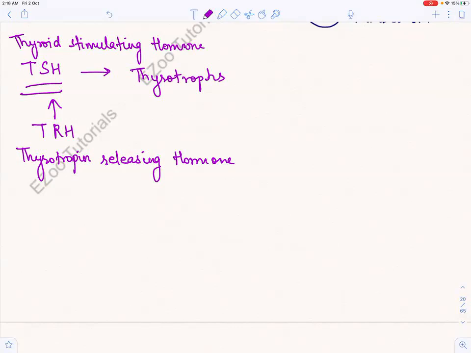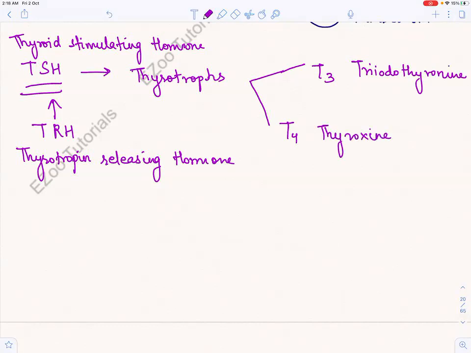Okay, now what will it do? ये दो, it stimulates the synthesis and secretion of two hormones, T3 and T4. T3 is what? T3 is triiodothyronine, and what is T4? Thyroxine, right? And both are produced where?